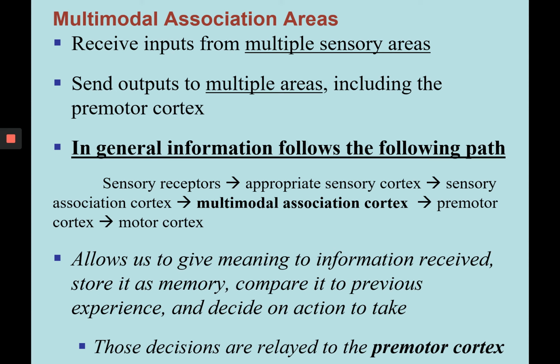So say you hear a bird chirping. That sound wave hits your ear. It goes in your ear and travels via the vestibulocochlear nerve to the appropriate primary sensory cortex in your brain, then to the sensory association cortex. So you know that chirping, it's a bird. Then maybe you turn your head and you look at the tree where the sound's coming from and you see the bird.